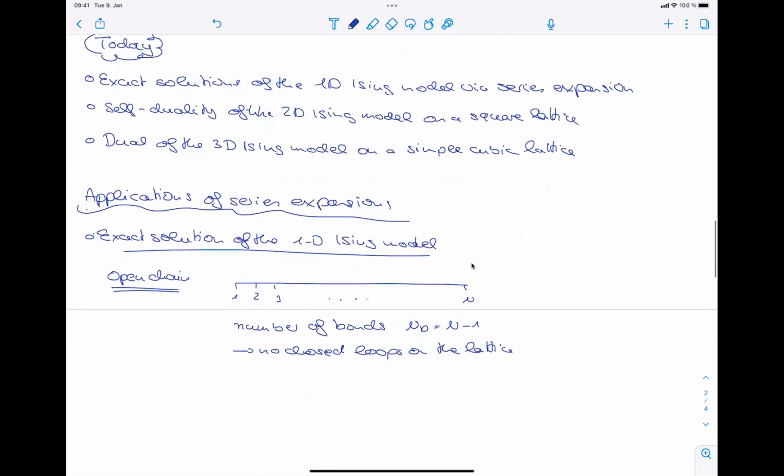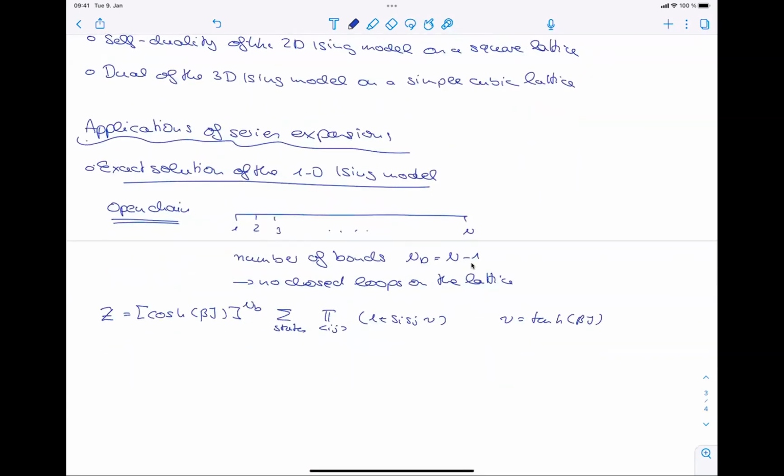And so that's why the partition function is easy to calculate. If I just write down what we derived last week: the number of bonds, states, chain. Crucially, V is missing. Remember, V was the set of closed loops on the chain. Then we know that this contributes just 0.